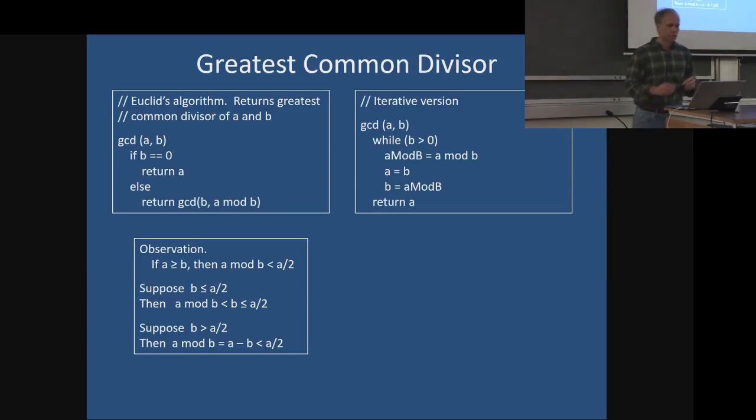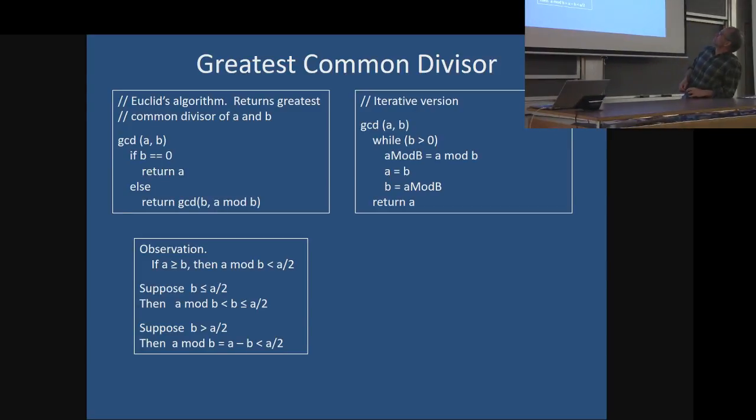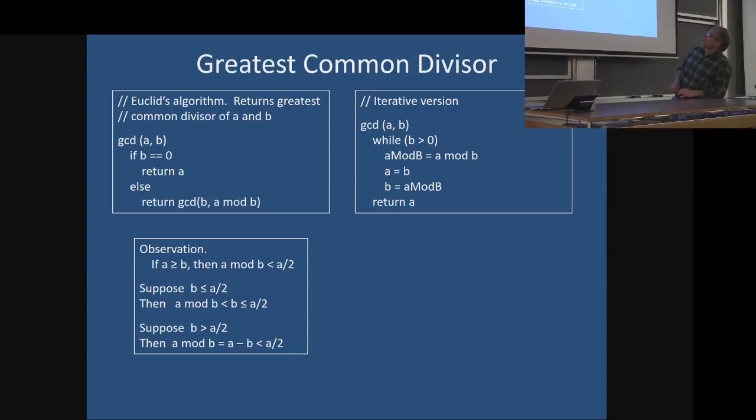So how does that help us do the analysis? When we take A mod B, we get something that's less than half of A. Can you say what the master's theorem is again? Yeah, we can apply the master's theorem again now that we know that we're halving the size in the worst case for each recursive call.